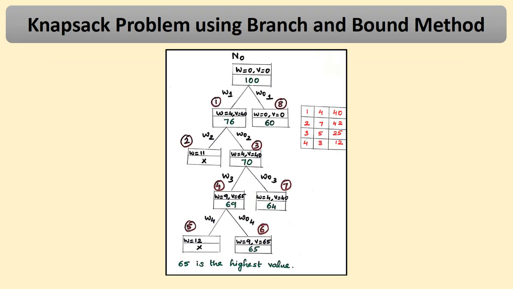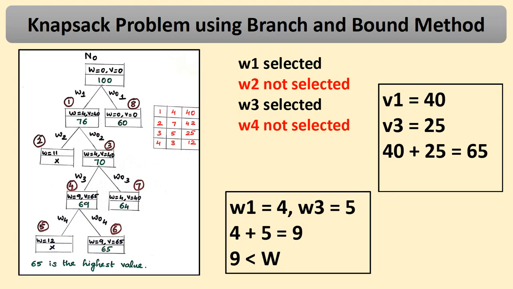So after constructing the full tree, now you can just go through and see which is the feasible value. Okay, so when you look at that diagram, we can find that 65 is the highest value. So you can conclude that 65 is highest. You may wonder how 65 is the highest. Okay, let me explain.